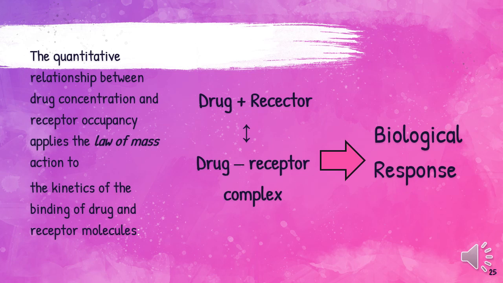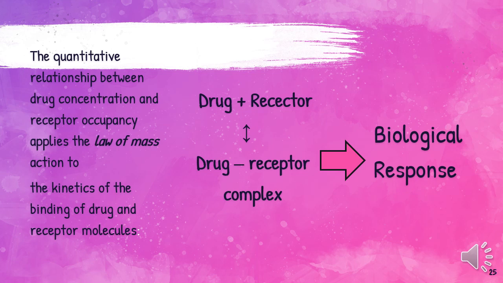So if we apply the law of mass action to the kinetics of the binding of drug and receptor molecules, we can say that drug plus receptor is continuously in a reversible process. Drug receptor complexes are being made and detached, and they are resulting in various biological responses.